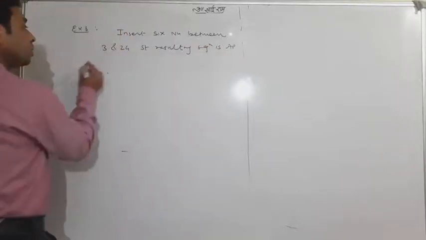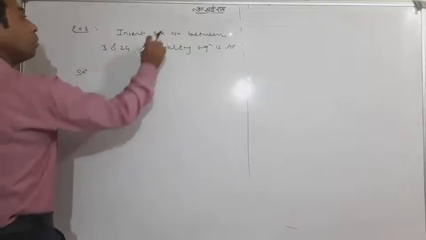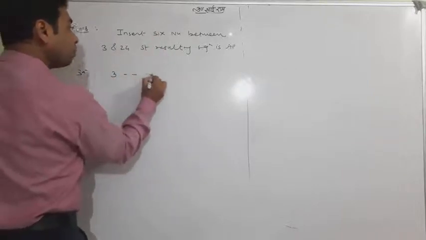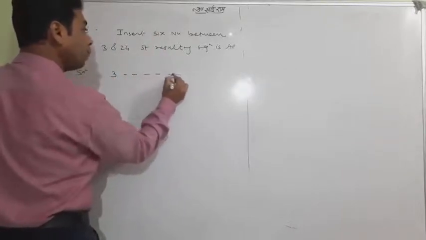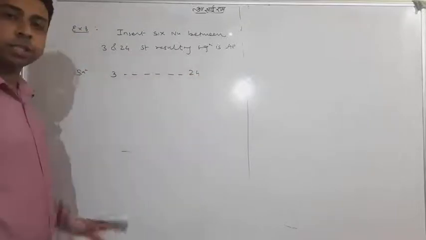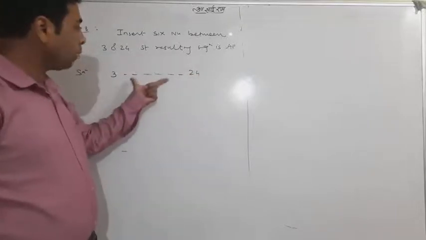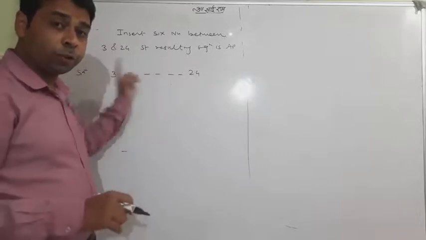Its whole meaning is that your 3 is the first term, then 1, 2, 3, 4, 5, 6, and then 24. This is the situation: you want to find the 6 mean terms between 3 and 24.